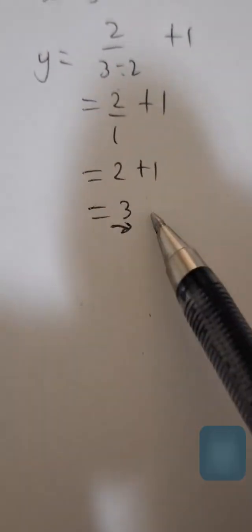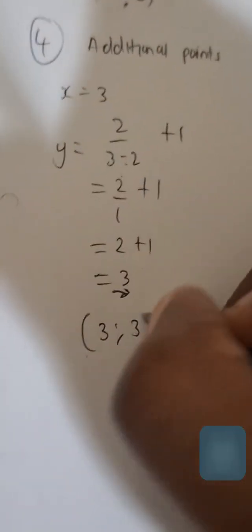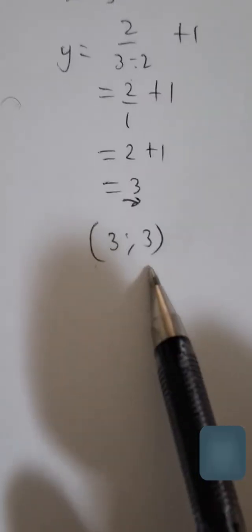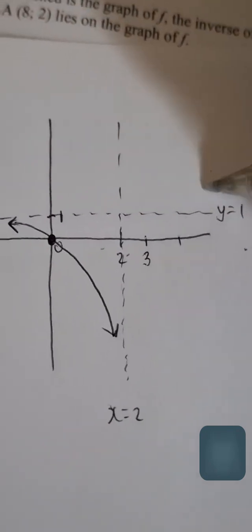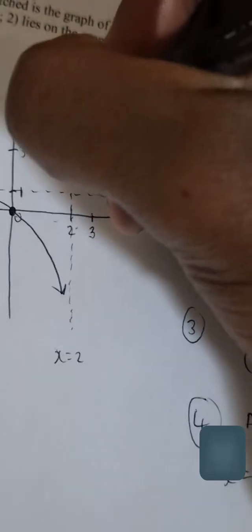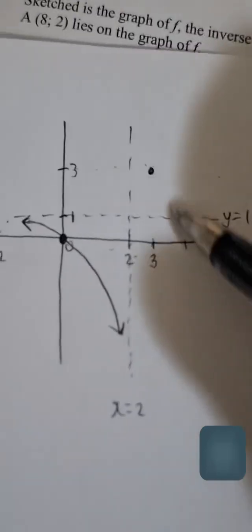Does that make sense? So the additional point that I can utilize to represent one of the points in this first quadrant is my x value 3. When x is equal to 3, my corresponding y value is 3. So where am I locating this point? It's there for that quadrant.